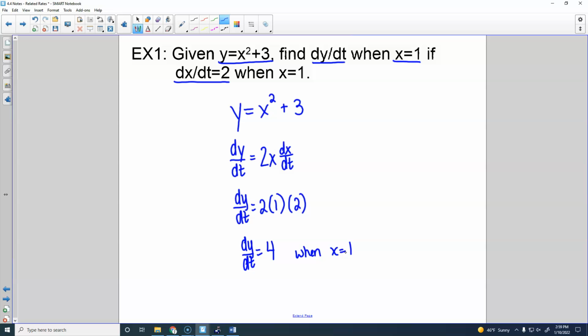Yes? You do not have to show that. When you get your answer at the end, I just put like this, when x equals 1, at the end to let me know that's the time I was looking at there.